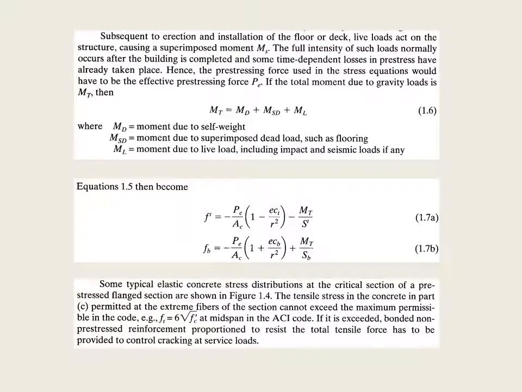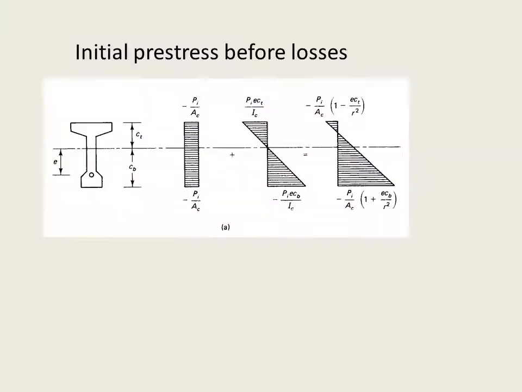Okay, let's move forward. Here you can see this is not symmetrical on the x-axis, so the values of C top and C bottom are quite different. So there is eccentricity, and the tendon is far away from the neutral axis.